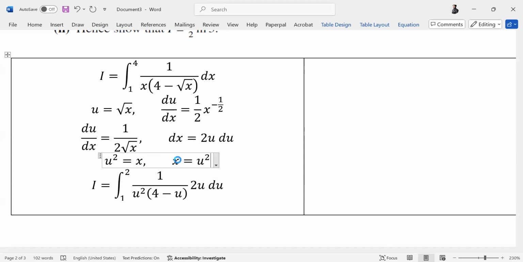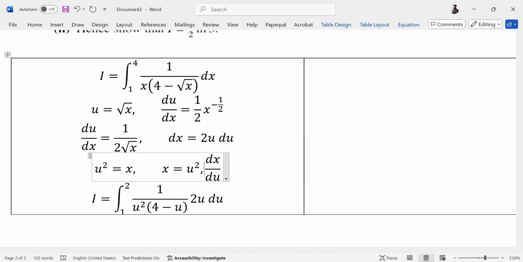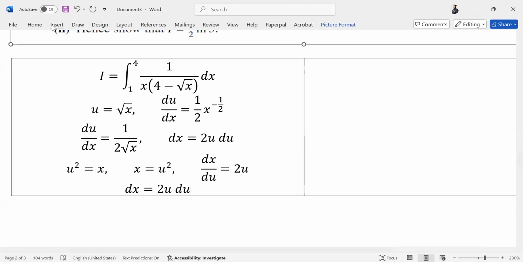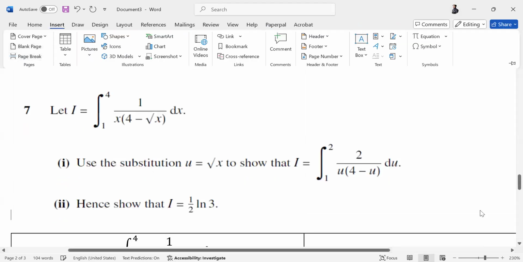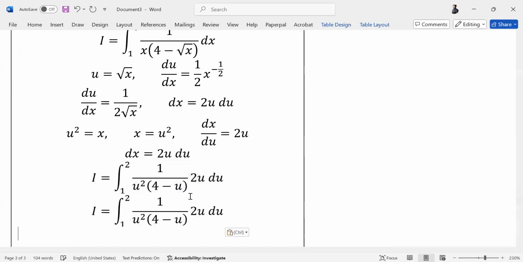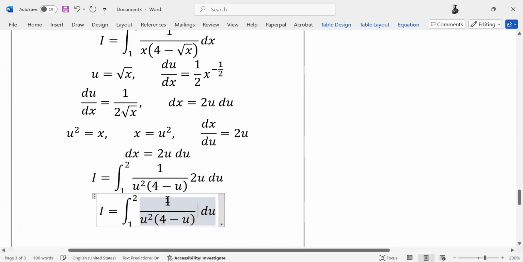And now if I decide to differentiate this, what will be my derivative? Dx by du. And what will that be? 2u. Either way, my dx is 2u du. Both ways, dx की जगह 2u du आया, one of the u's cancelled out. And I end up getting 2 आएगा सिर्फ और नीचे एक u cancel होगा.